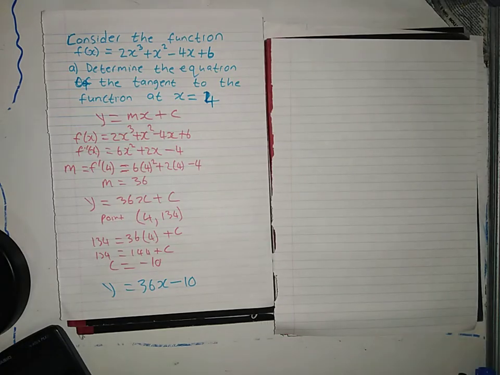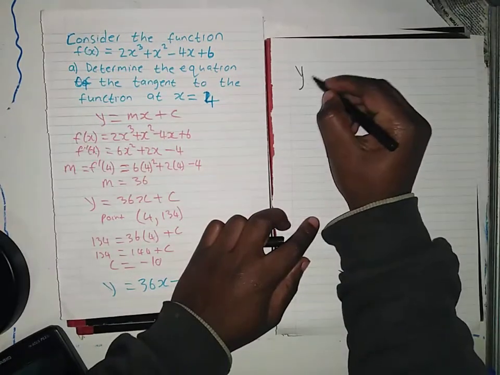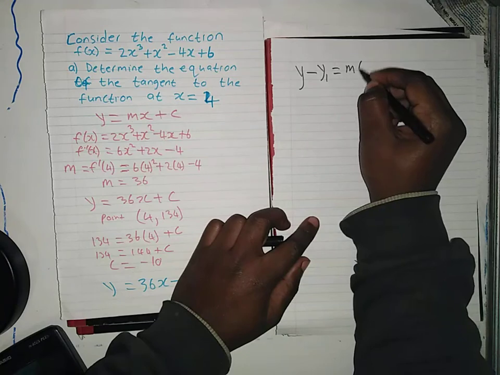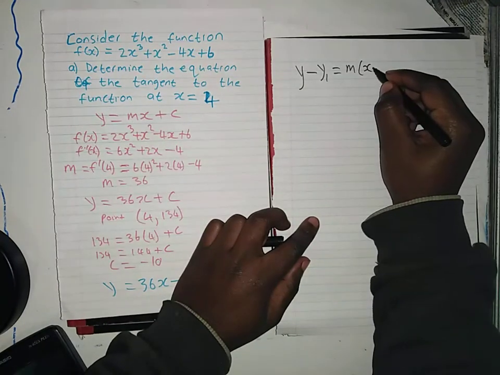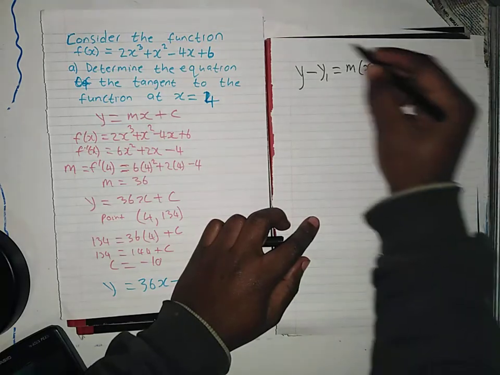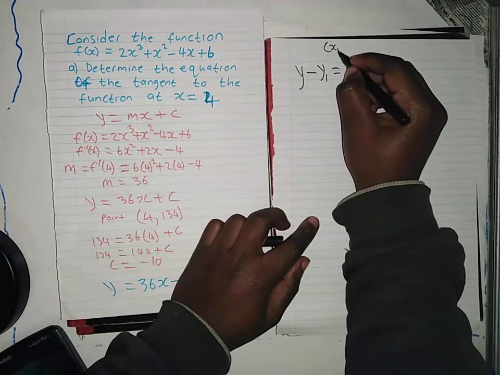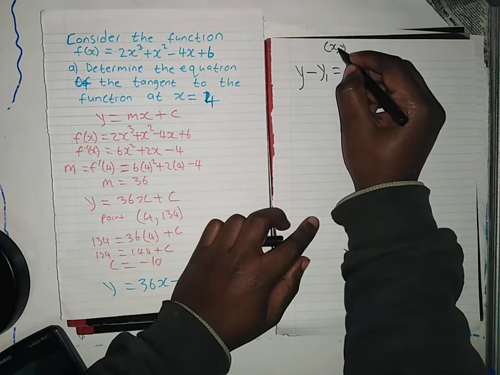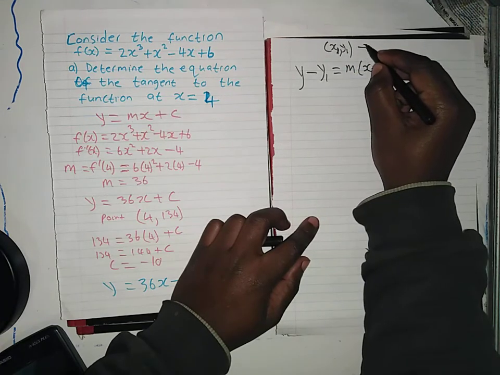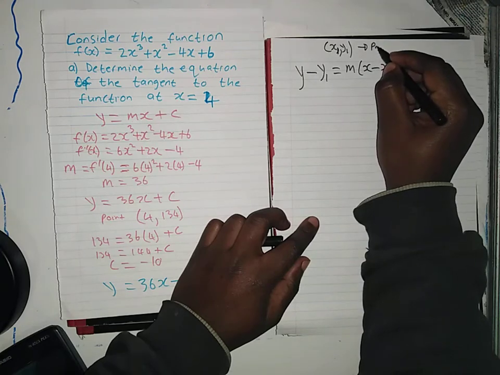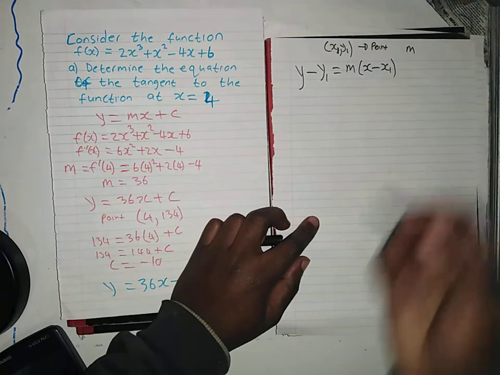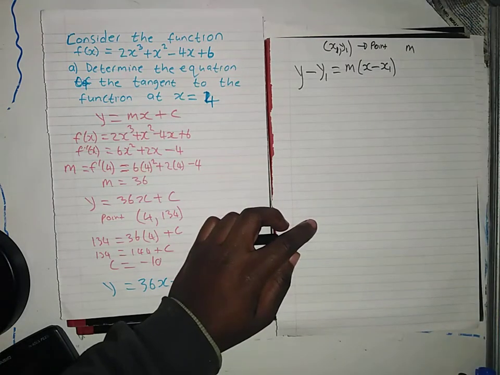which is y minus y1 is equal to m times x minus x1. So in this case, x1, y1 is a point that is on this tangent, and obviously m, as you know, is the gradient.